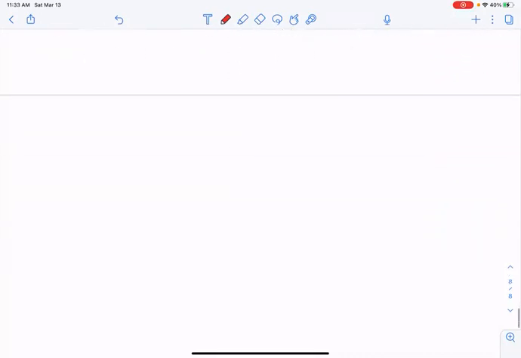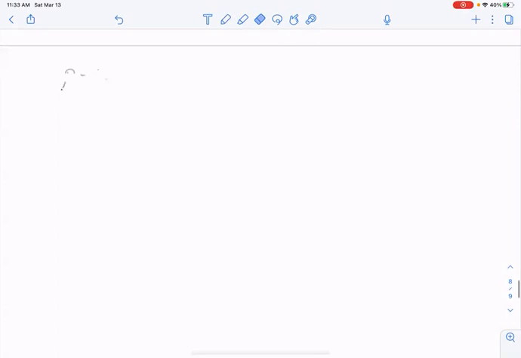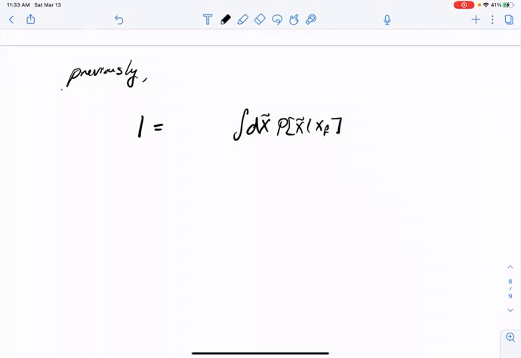So taking our previous results, we found that 1 was equal to an integral over reverse trajectories, the probability of seeing that reverse trajectory given I started at some xf.